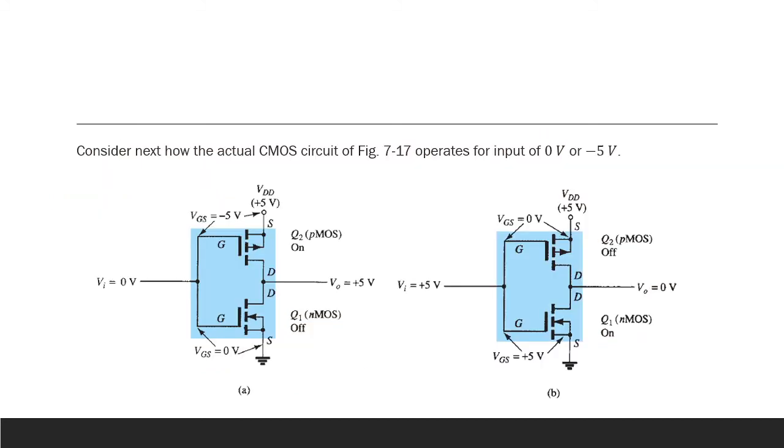Now, let us now consider the actual CMOS circuit. Now, this time around, titingnan natin kung ano yung effect kapag meron na tayong input tsaka output. So, ang biasing natin dito, class, we have VDD. Ito siya sa taas. And then, this is our input voltage.